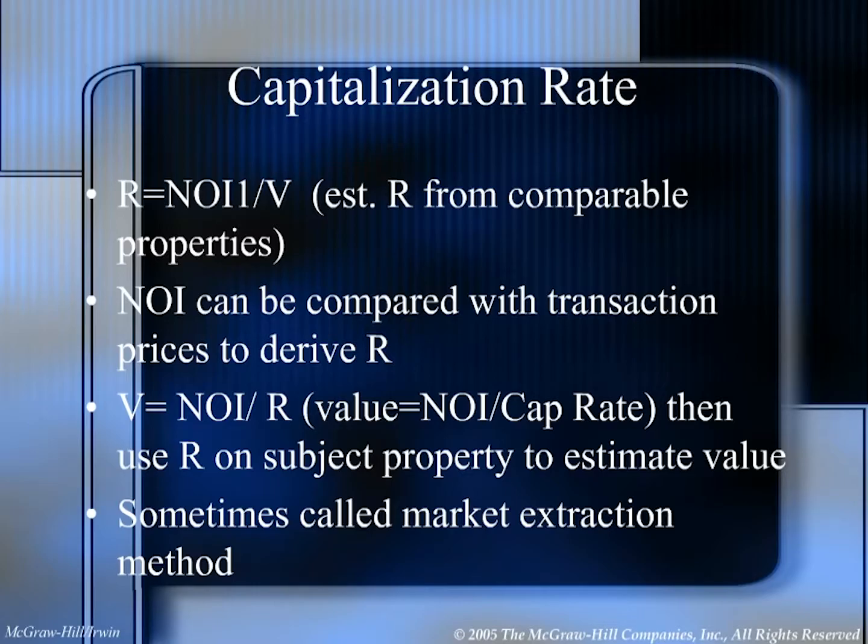So we'll again do this for a few and take some average of that. And then we're going to take this R and divide it into our own, the subject property's, NOI, and that should give us the value of the property. Okay, oftentimes this is called the going-in rate, going-in cap rate, and this method is sometimes called the market extraction method.